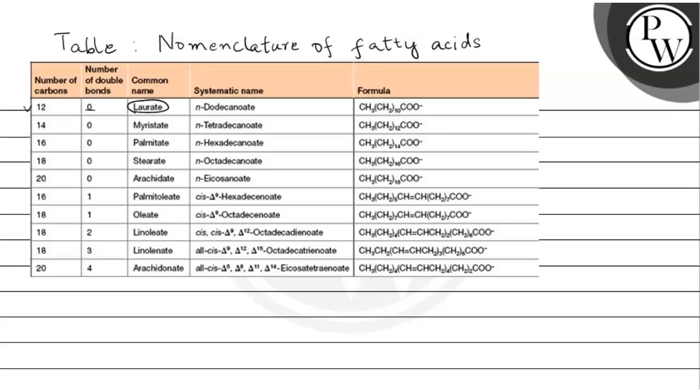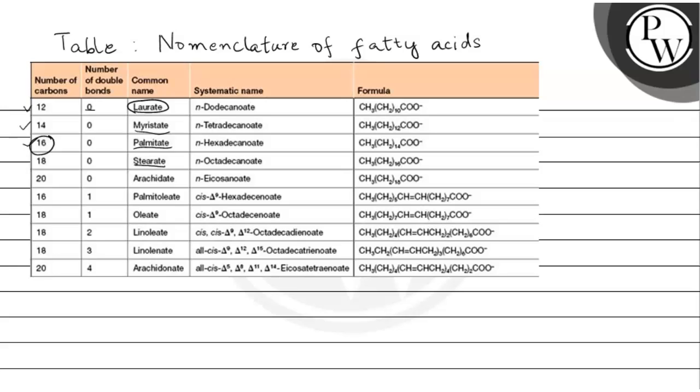Similarly, myristate is a fatty acid which has 14 carbon atoms in its hydrocarbon chain and no double bonds in it. Then palmitate or palmitic acid has 16 carbon atoms in its hydrocarbon chain and again it has no double bonds present in it.